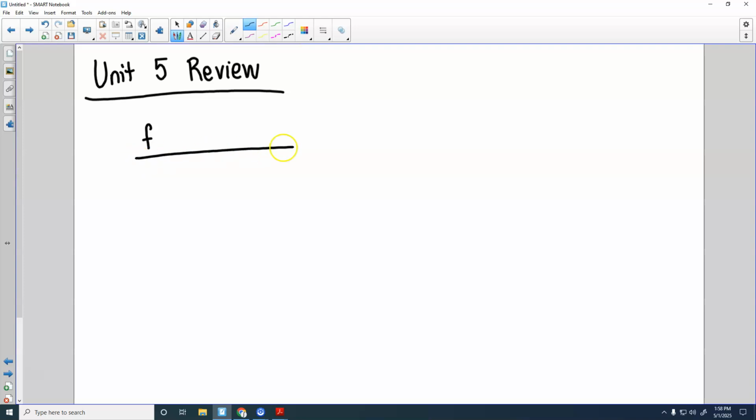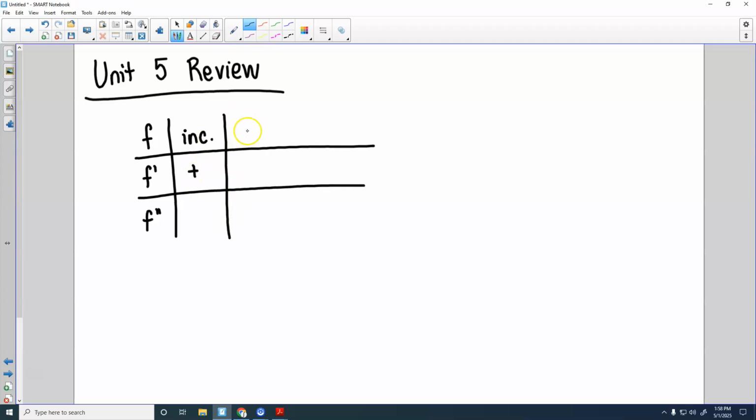One of the key things you've got to know from Unit 5 is that chart, which I think you know pretty well. If f is increasing, then f prime is positive. If f is decreasing, f prime is negative. If f is concave up, the second derivative is positive, which means that f prime is increasing.